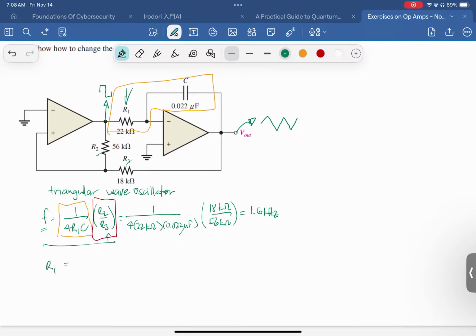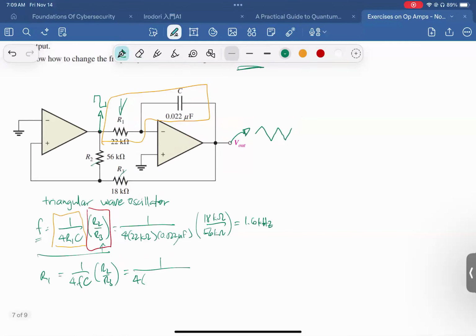Okay, and then we have now R1 equals 1 over 4 FC times R2 over R3. So, babaguhin natin to 10 kilohertz, di ba?